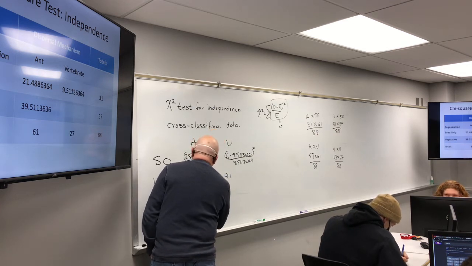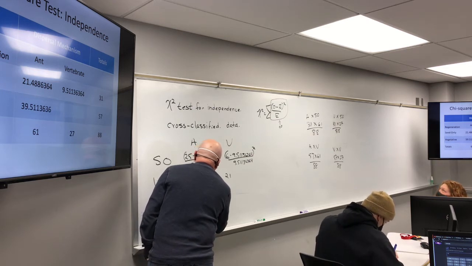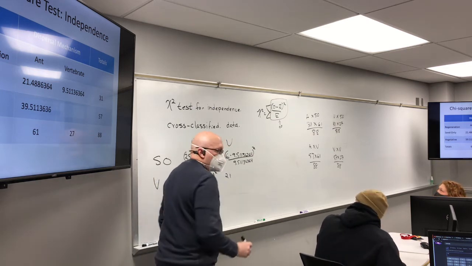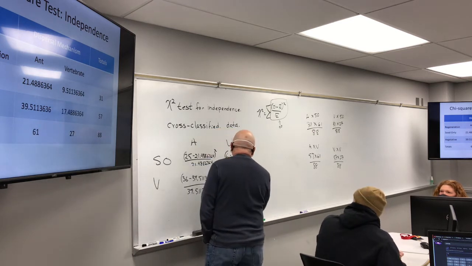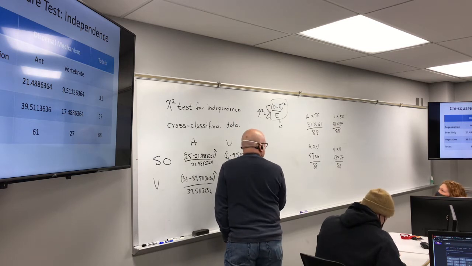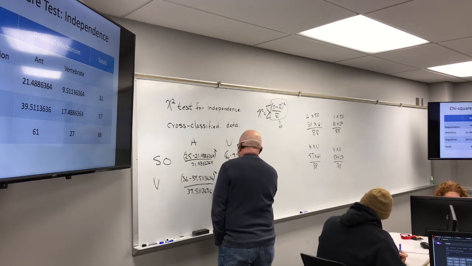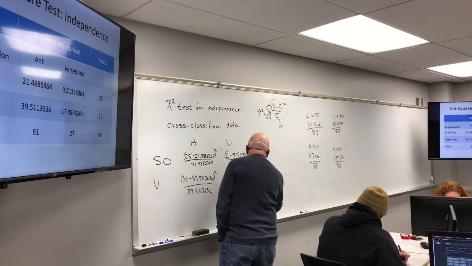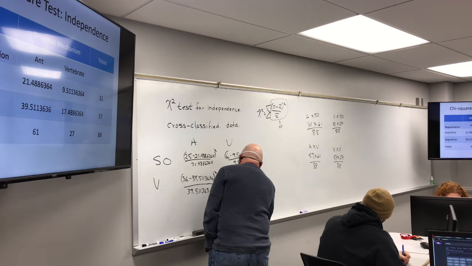We would square that and divide it by the expected. And then for the last one, I got an expected of 17.4886364. That would be squared and divided by the expected.